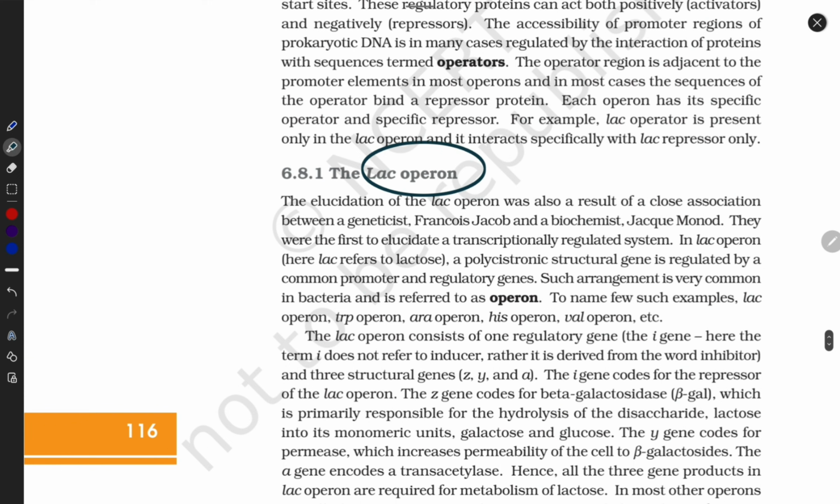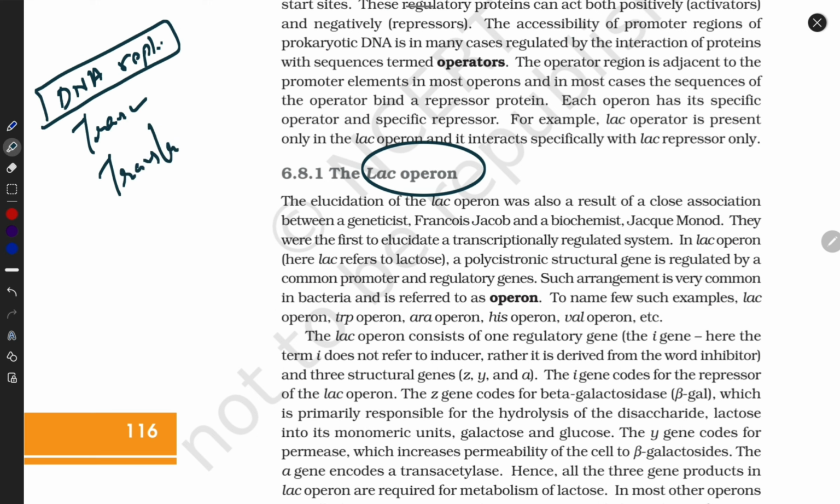Let's start with our new topic, lac operon. In the previous videos we already covered DNA replication, transcription, and translation. In DNA replication, the DNA replicates and makes copies.